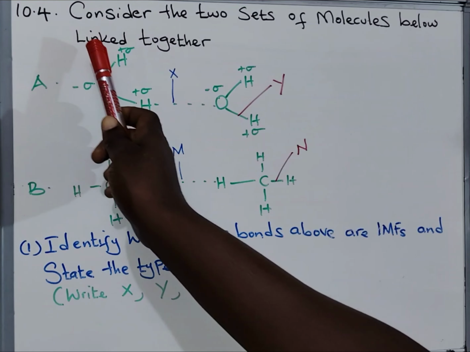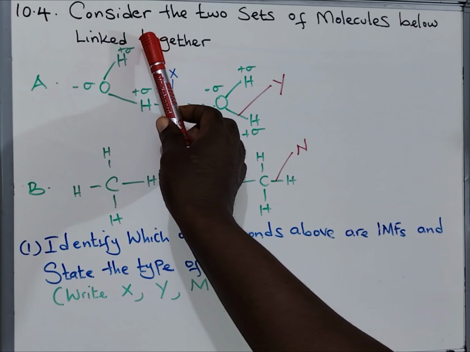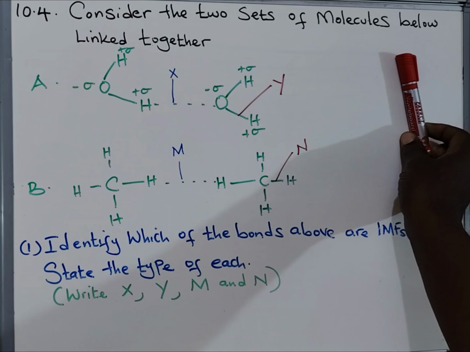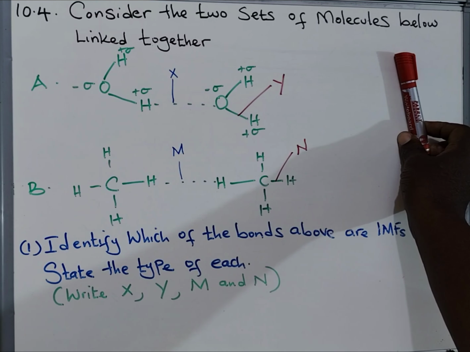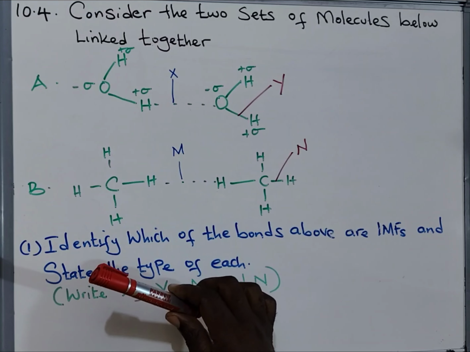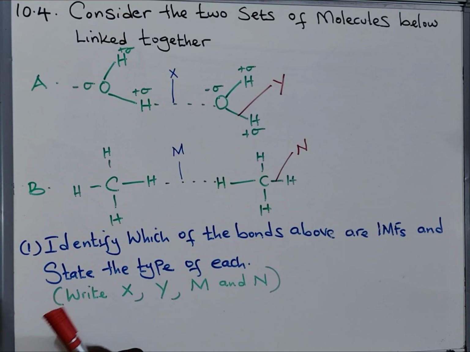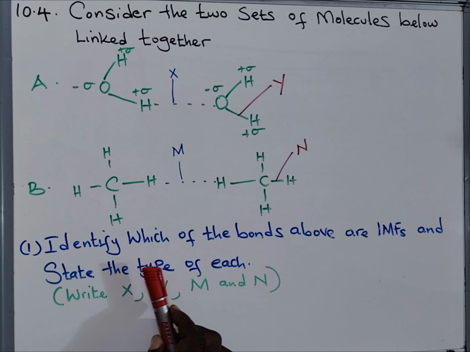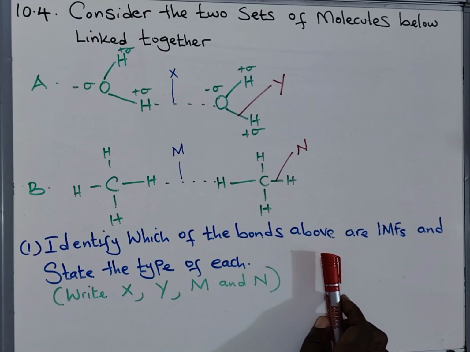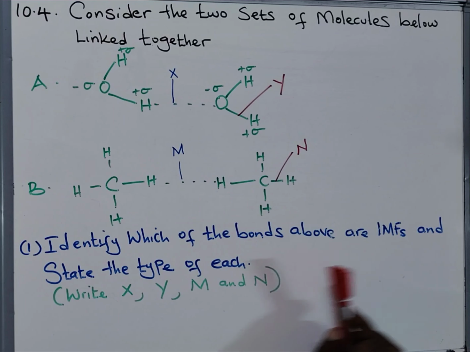So we come to this question. It says: consider the two sets of molecules below linked together. We have the first set A and B. The question says: identify which of the bonds above are intermolecular forces and state the type of each.